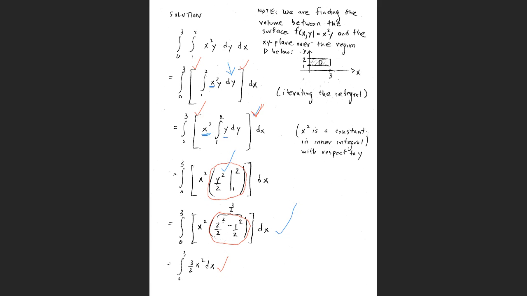All right. Well then, here then we bring the 3/2 out in front. And the antiderivative of x squared is x cubed over 3. And we work it out, and we're going to get 27/2. That's going to be the value of our double integral.